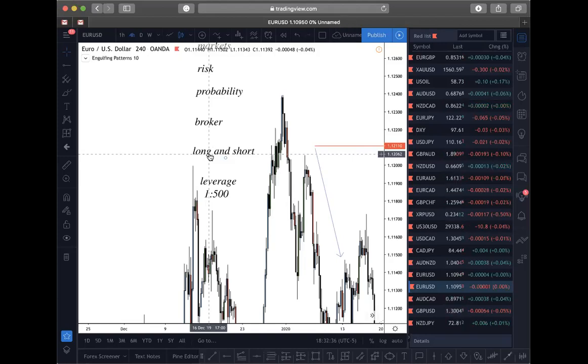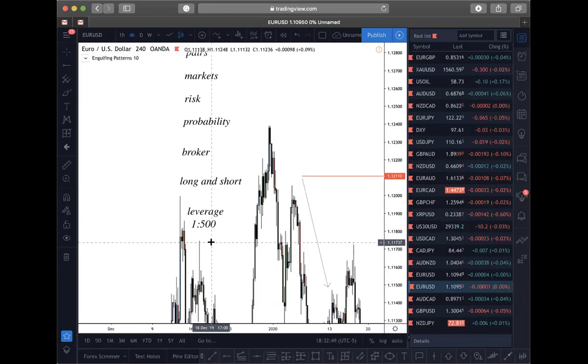So that's why we use leverage, right? Like I said, all of these are just terms you need to know. We're not going to go over them again, but memorize them and you can do your own little research, right?